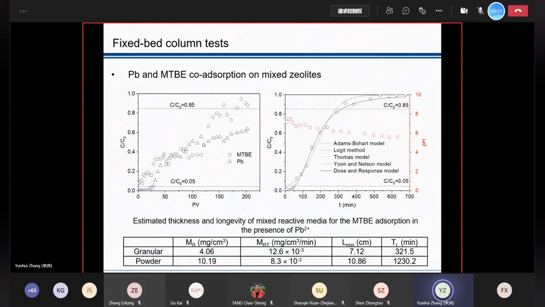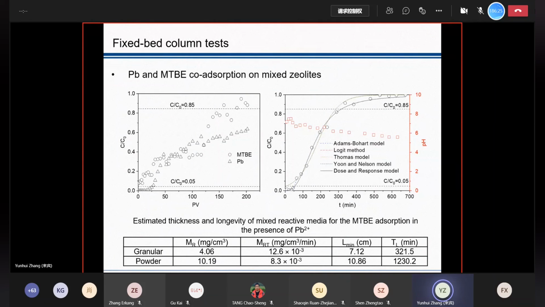Then we used the same way to investigate the lead and MTBE co-adsorption on mixed zeolites in the column, and the effect of grain size of zeolites was also examined, and the thickness and longevity were also estimated.